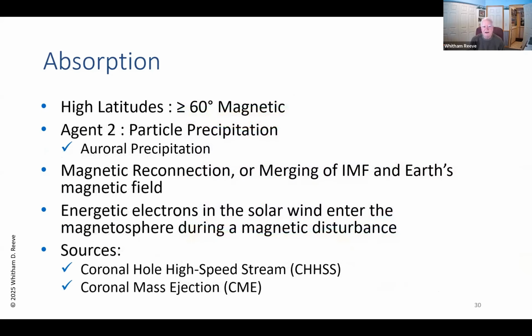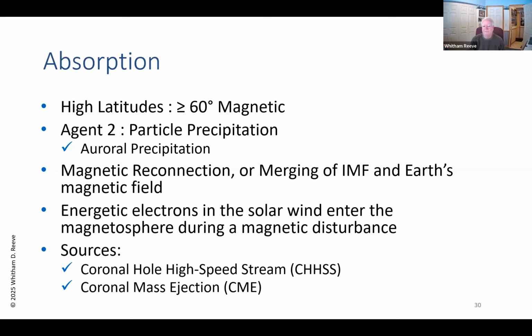So that brings us to agent number two, and that is particle precipitation, also called auroral precipitation. It's caused first by magnetic reconnection, or merging of the interplanetary magnetic field and Earth's magnetic field. When that happens, energetic electrons in the solar wind are able to penetrate down into the magnetosphere.